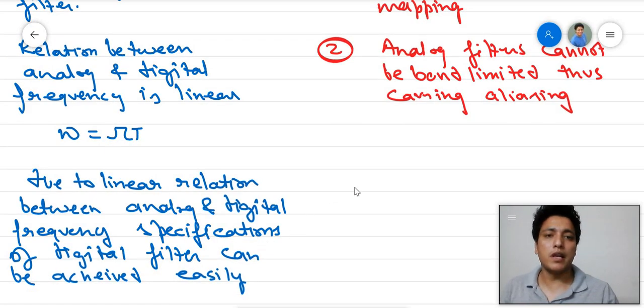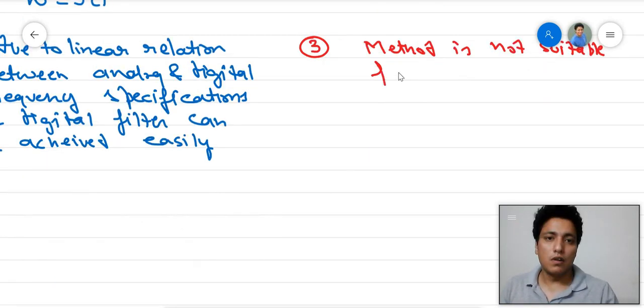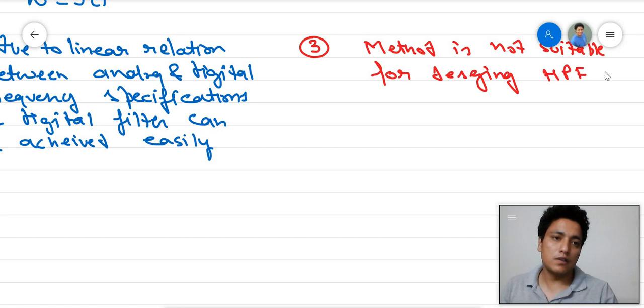We cannot band limit analog filters. That's why there will always be an aliasing effect present with the impulse invariant method. Third is, this method is not suitable for designing high pass filters and band stop filters.